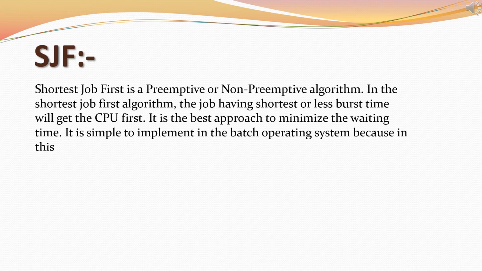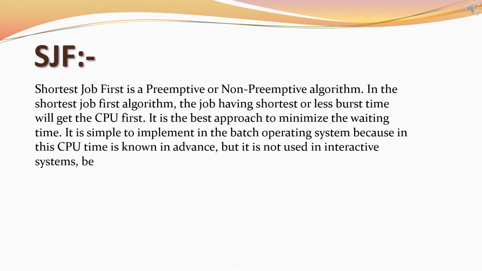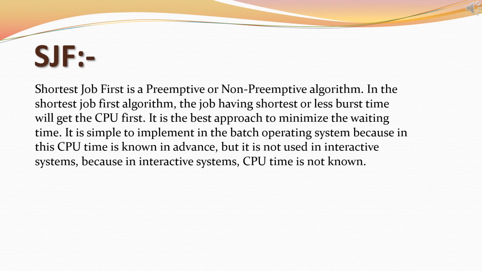It is the best approach to minimize the waiting time. It is simple to implement in batch operating systems because the CPU time is known in advance. But it is not used in interactive systems because in interactive systems CPU time is not known.